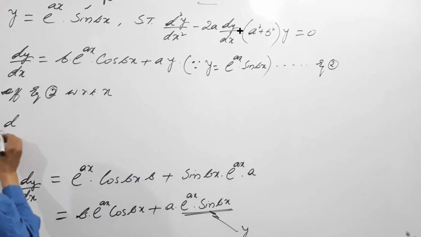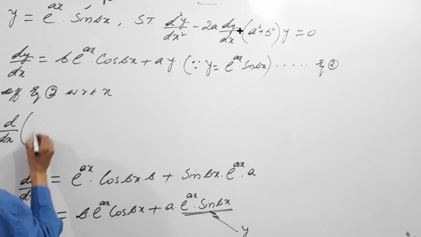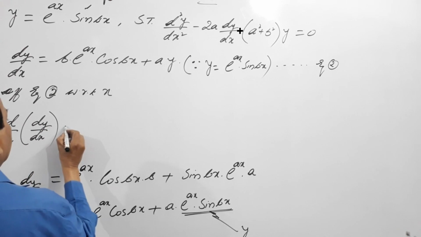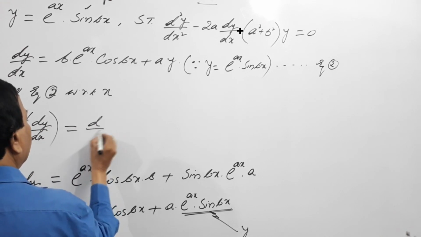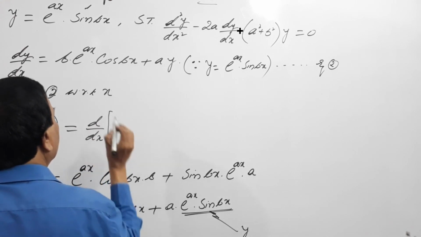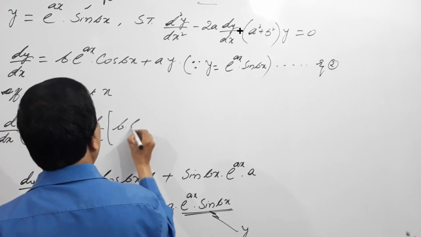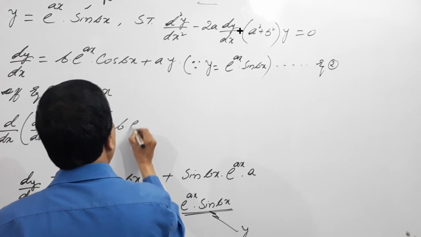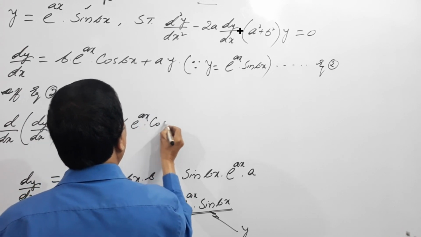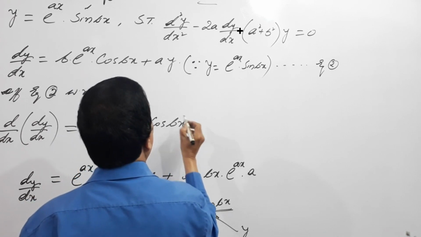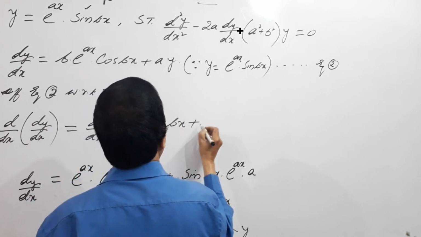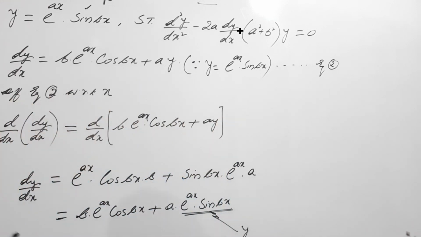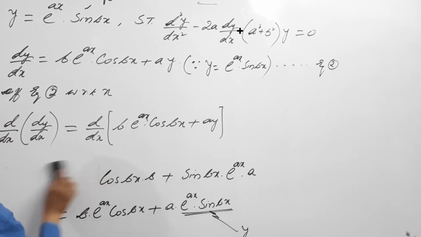So that is d by dx of dy by dx equals d by dx of b into e to the power of ax into cos bx plus ay.